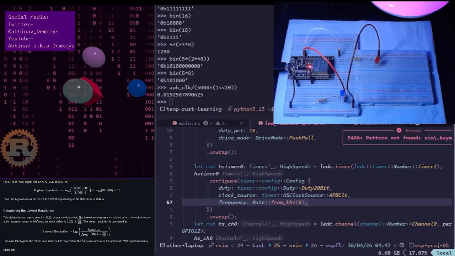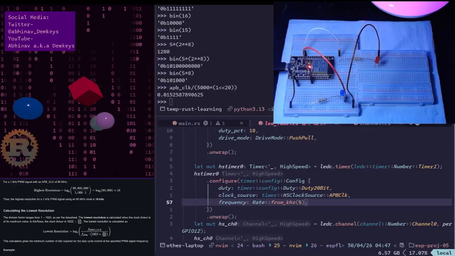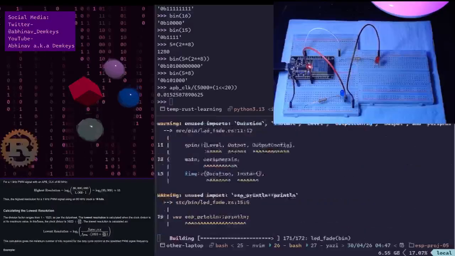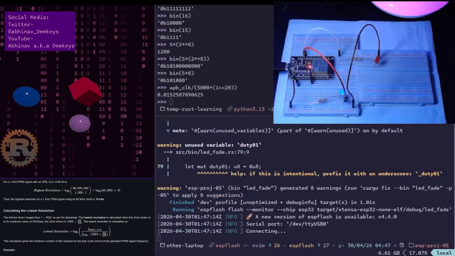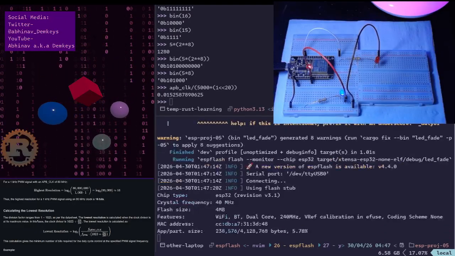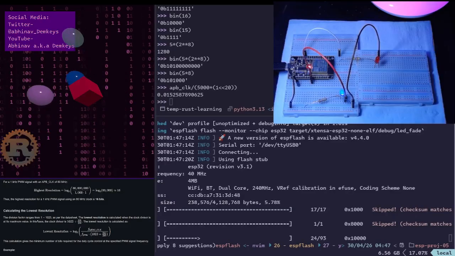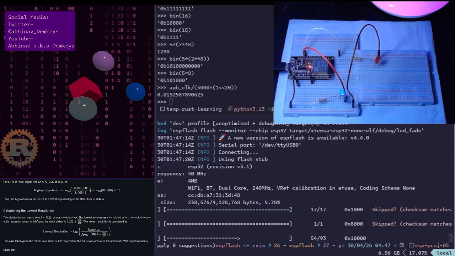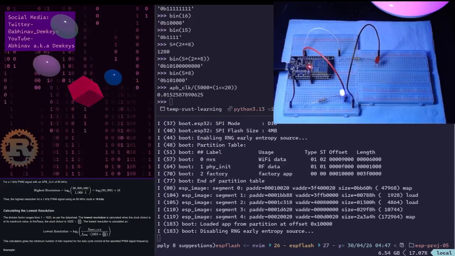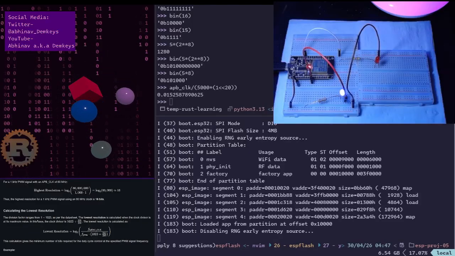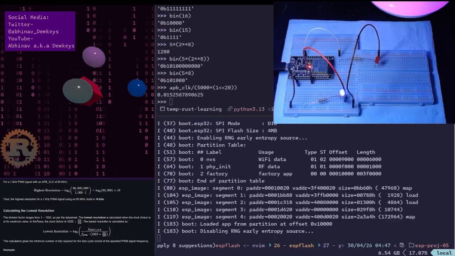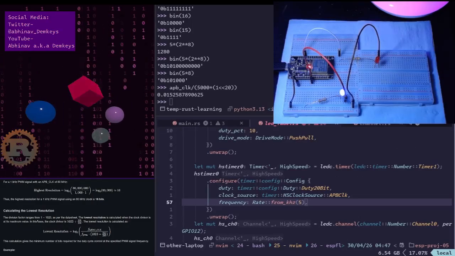Let's try this. Wait, did it work? It did not work.